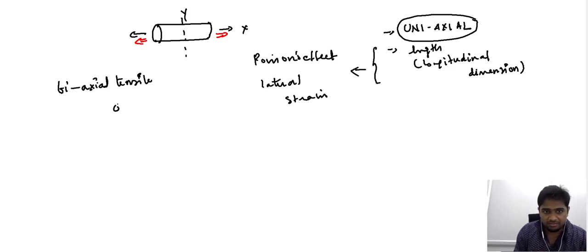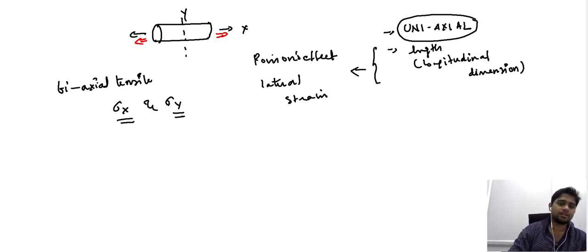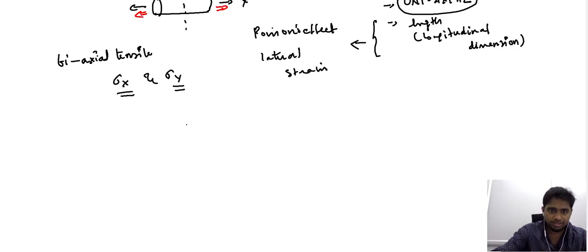So we have stress sigma x and sigma y, that is stress along both x and y direction, and we were able to arrive at an expression for the response offered by the material under biaxial tensile loading. Now the response offered by the material under biaxial tensile loading we categorized into direct and indirect response.